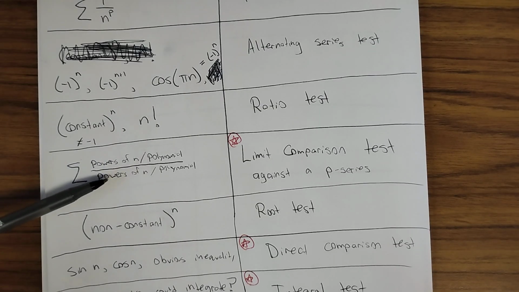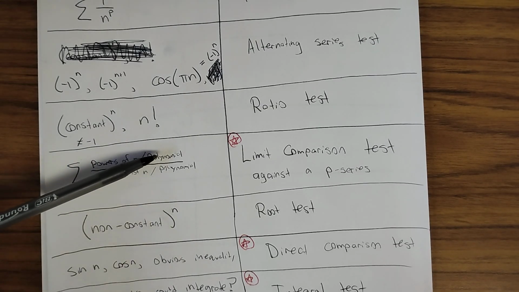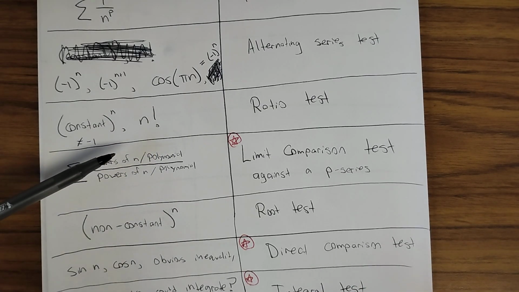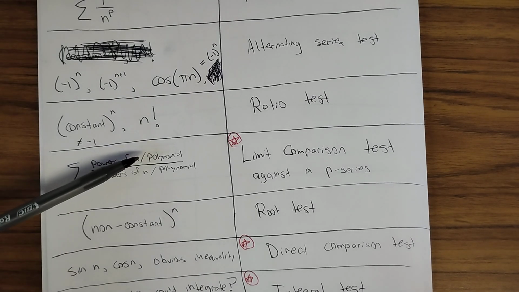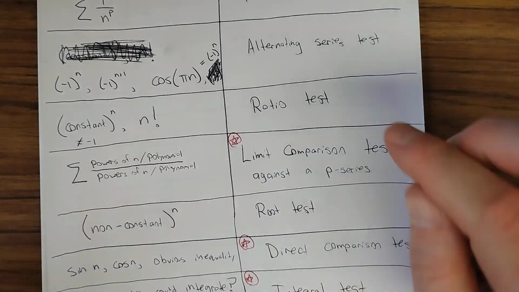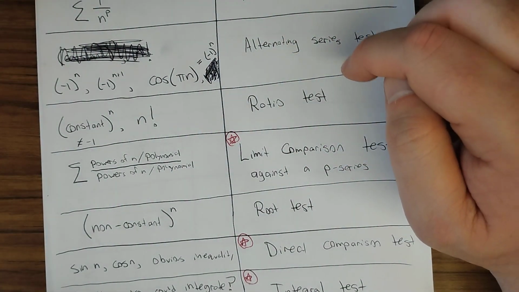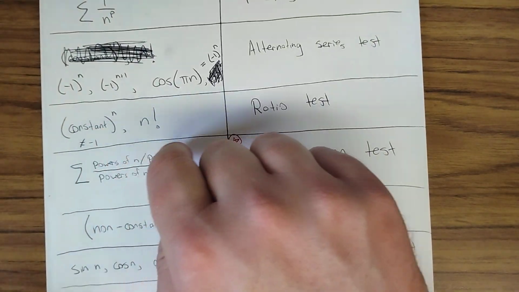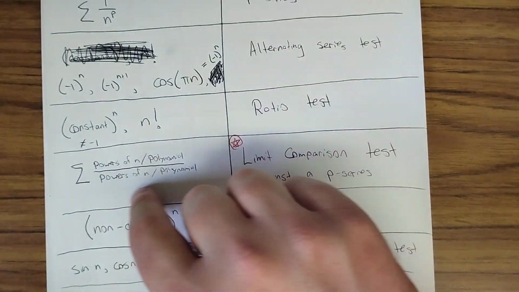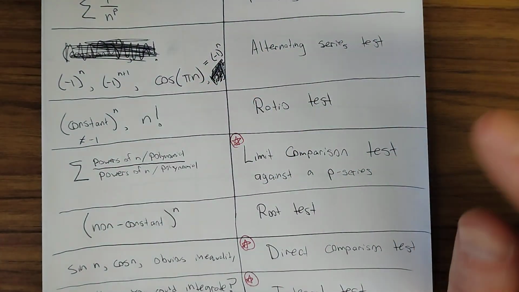So if you have a fraction and everything on the top is a power of n or a polynomial or square root of n, and the bottom is similar, and you don't see the stuff that would have caused you to do the ratio test, so I don't see 2 to the n or n factorial or anything, what I see is just powers of n and polynomials.